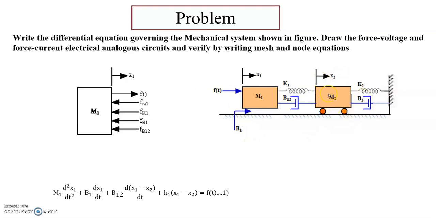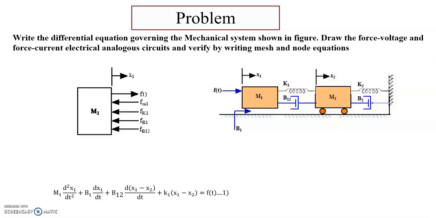Similarly, M2 is connected with K1 and B12, and K2 and B2, whose other end is connected to a fixed point. Different masses have different displacements, so the M1 displacement is x1 and the M2 displacement is x2.